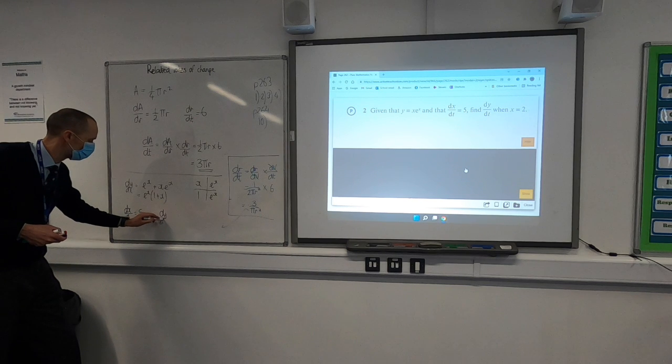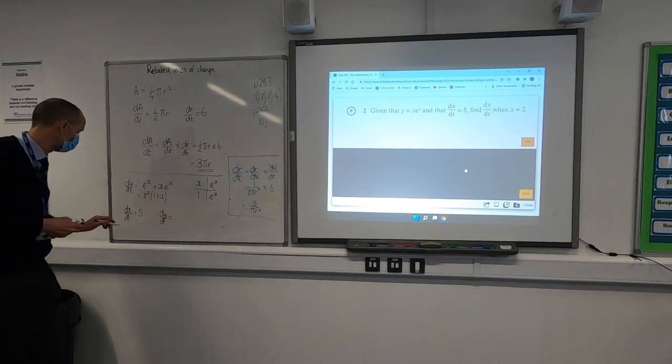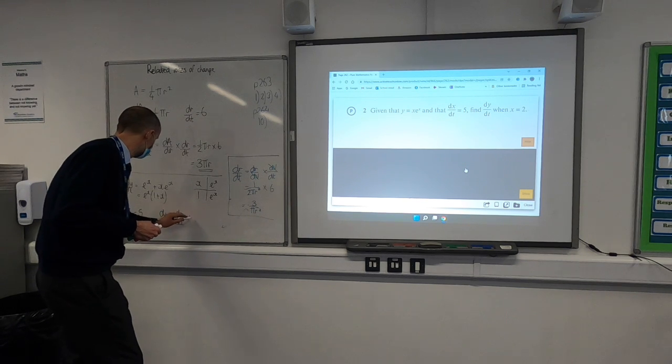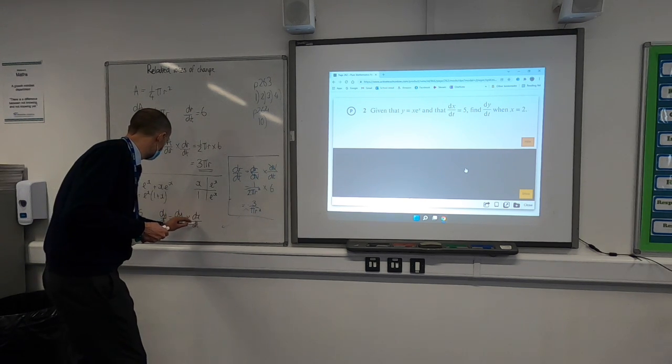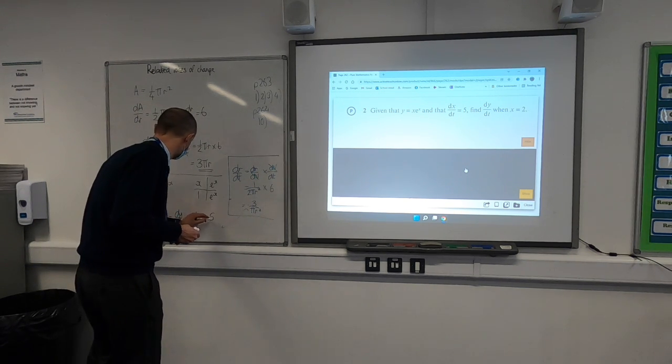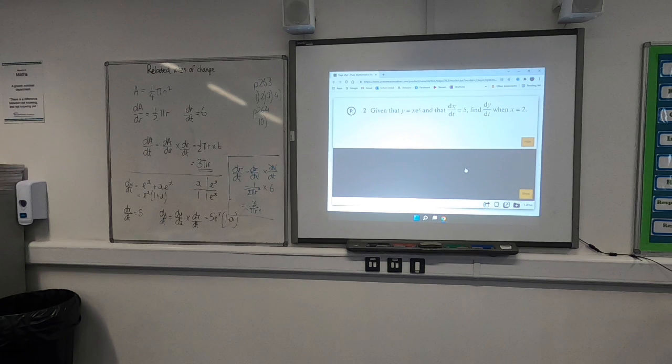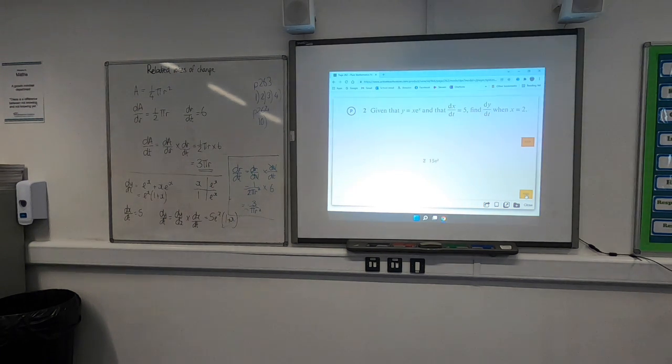What did you get from this one? I've got pi r squared over 2 times by 6. They left number 2 in terms of e. So if you did it, what is 15 e squared?